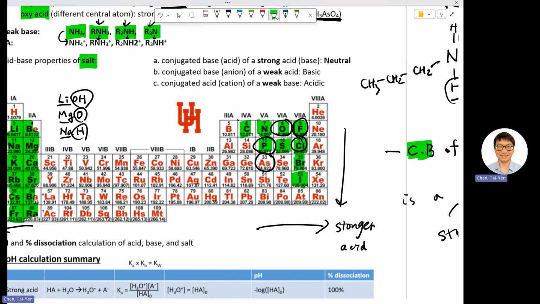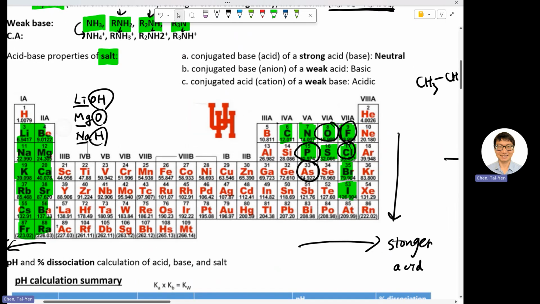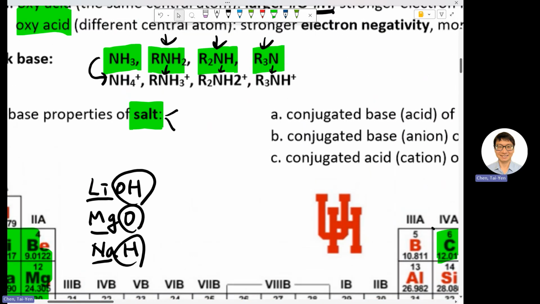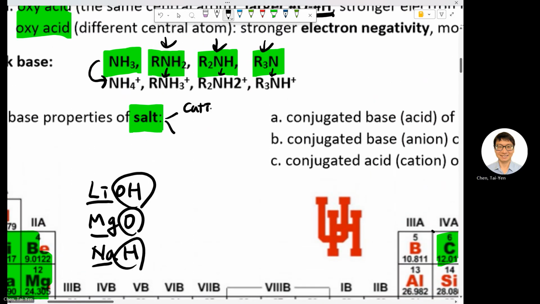You need to judge the acidity of your salt based on your cation and anion. Once the salt dissolves in water, it produces two species. Then you can first judge the acidity or basicity of each ionic species, so that you can judge what kind of solution you have.